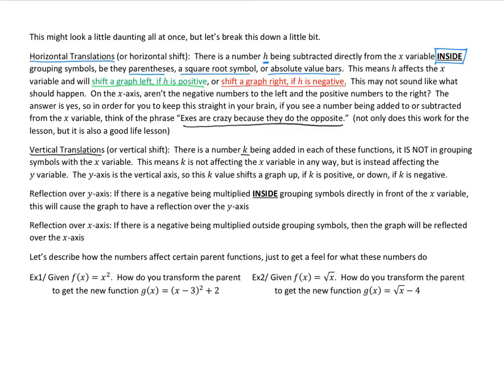They're not grouped up with x, which means the only other variable it could be affecting is the y variable. And if you think about the y-axis, it is the vertical axis. So the k value shifts things vertically. It will shift a graph up if k is positive, and it will shift the graph down if k is negative.